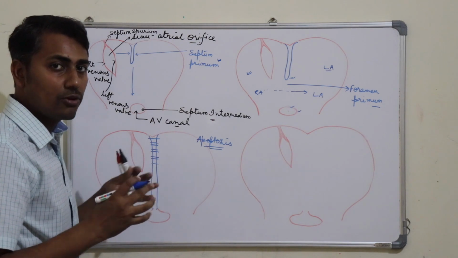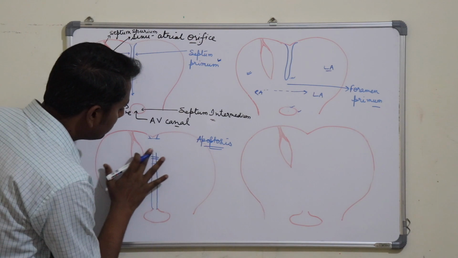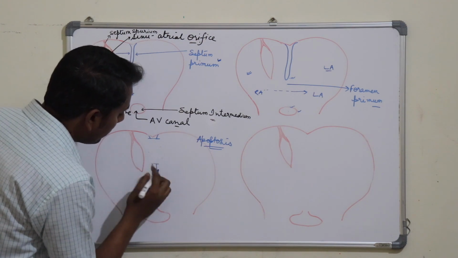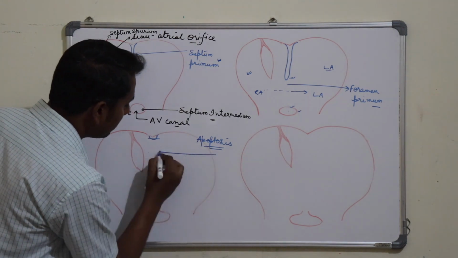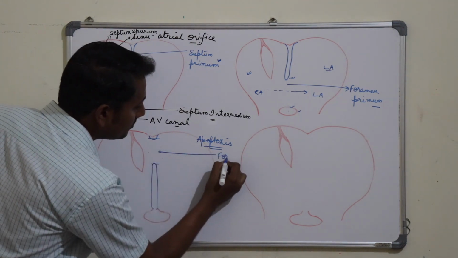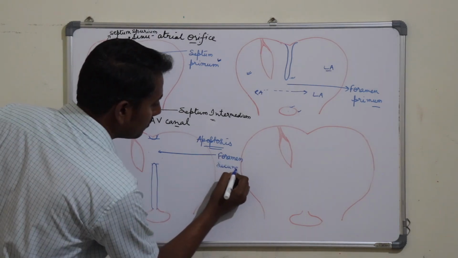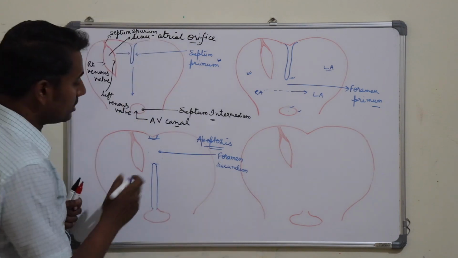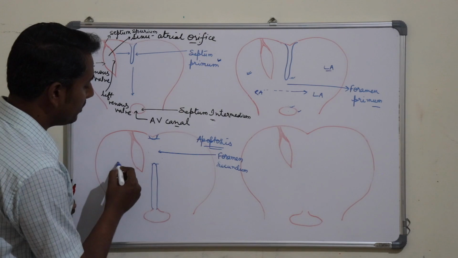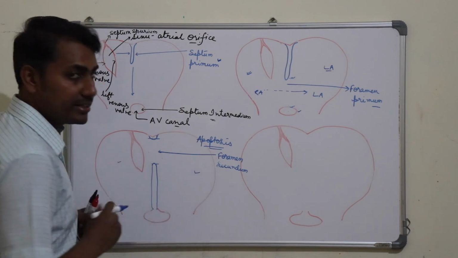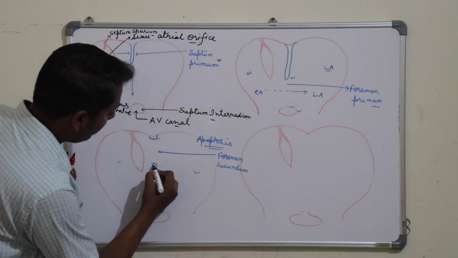These perforations will coalesce together to form a larger opening, and this opening will now be known as foramen secundum. Foramen secundum will ensure that the oxygenated blood is carried from the right atrium to the left atrium. Now we can see that the remaining lower part of the septum primum has a free upper edge.